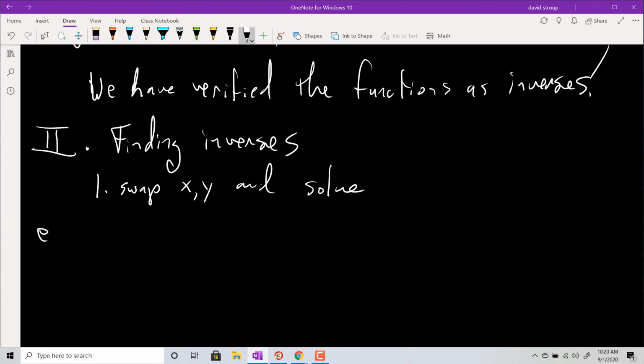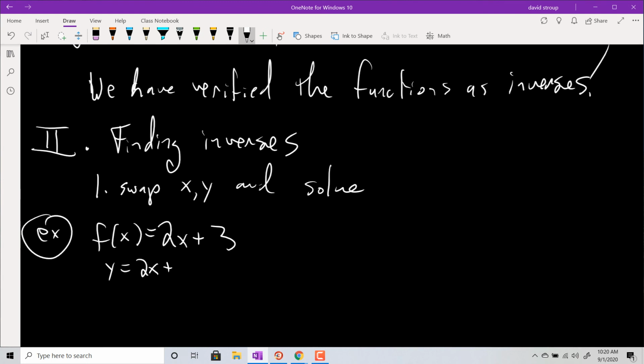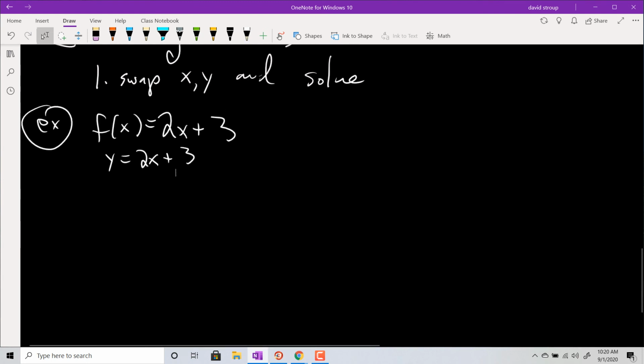Okay, so let's look at an example. f of x is 2x plus 3. So y is 2x plus 3. Swap the x and the y, and then solve for y.